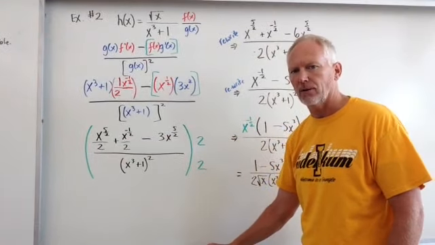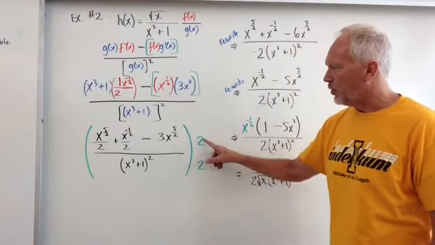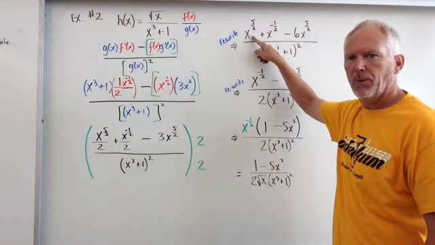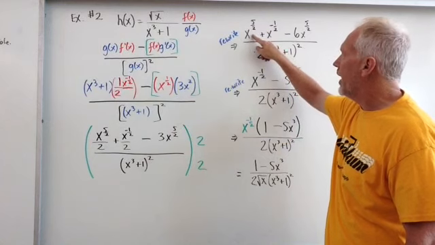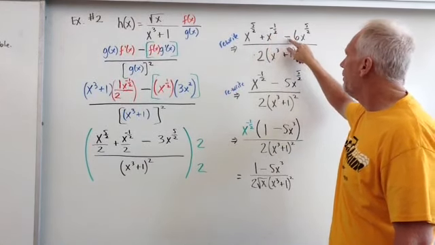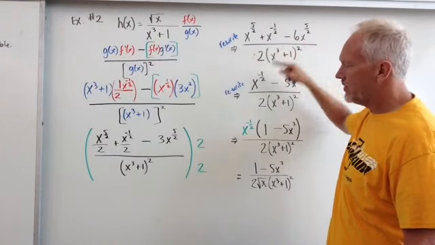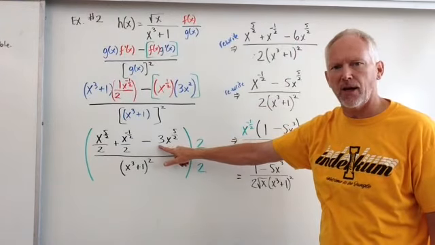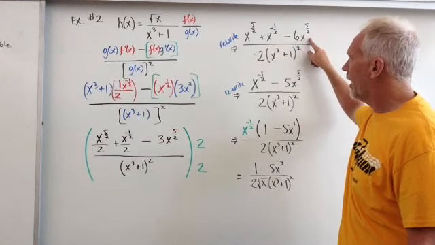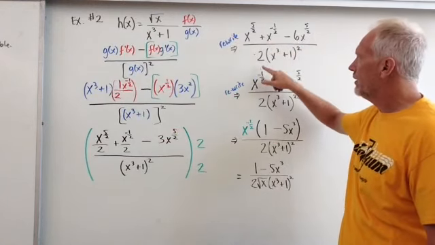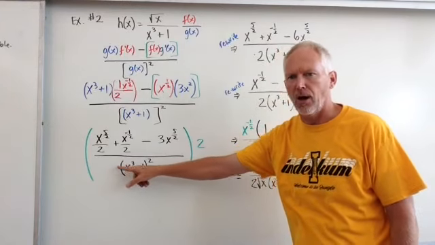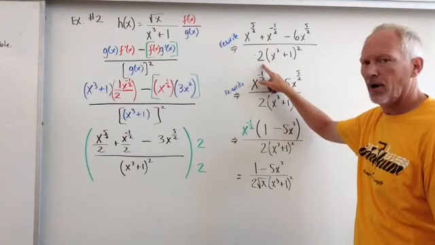When I multiply by 2, it gets rid of these two 2's, so we get x to the 5/2 plus x to the negative 1/2 minus 6x to the 5/2. That 6 came from 2 times negative 3. And since we multiplied the denominator by 2, I have to put the 2 out there. So that's where that 2 came from.